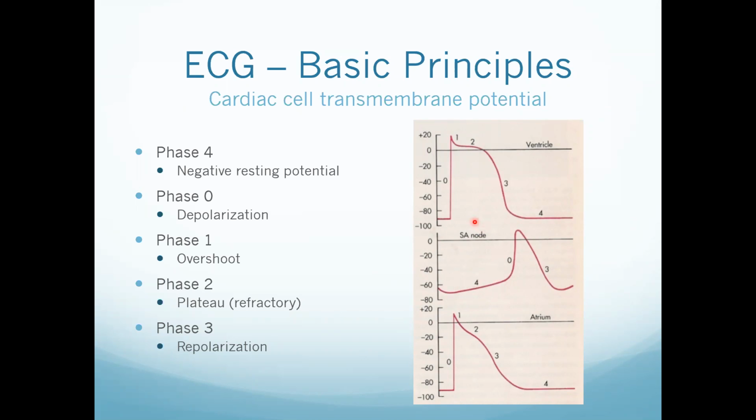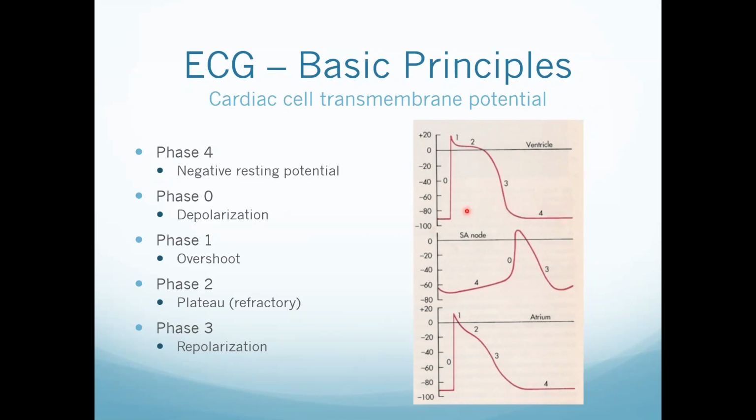When we talk about the action potential itself, typically it's described as 4 separate phases. And instead of starting off at phase 0, we're going to start off at phase 4. Phase 4 is essentially the resting potential, typically about minus 90 millivolts in the majority of cases.